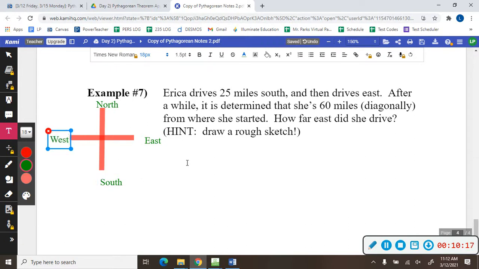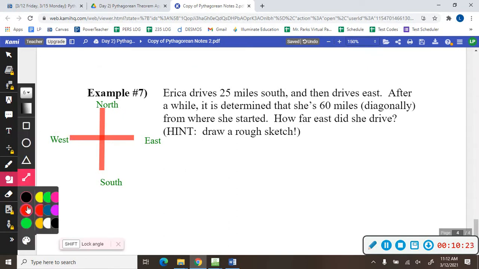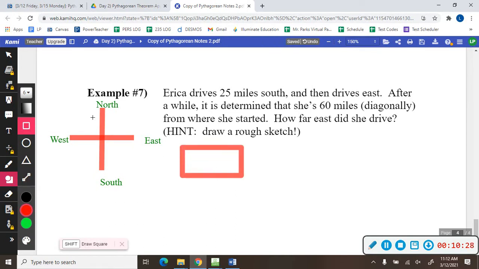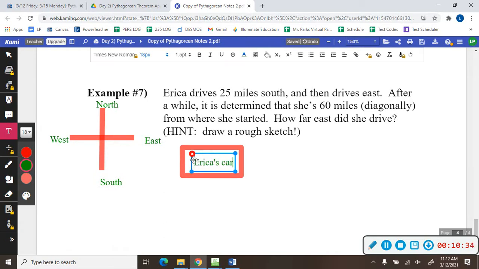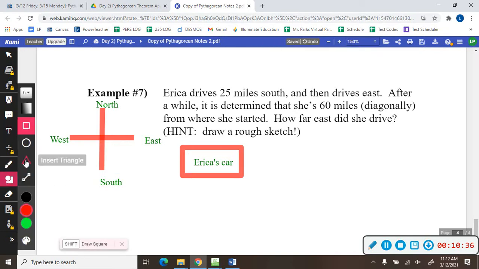So we'll start off with Erica. Erica's in a car. I'm guessing she's driving. And so we'll draw ourselves a car. So there's her car.